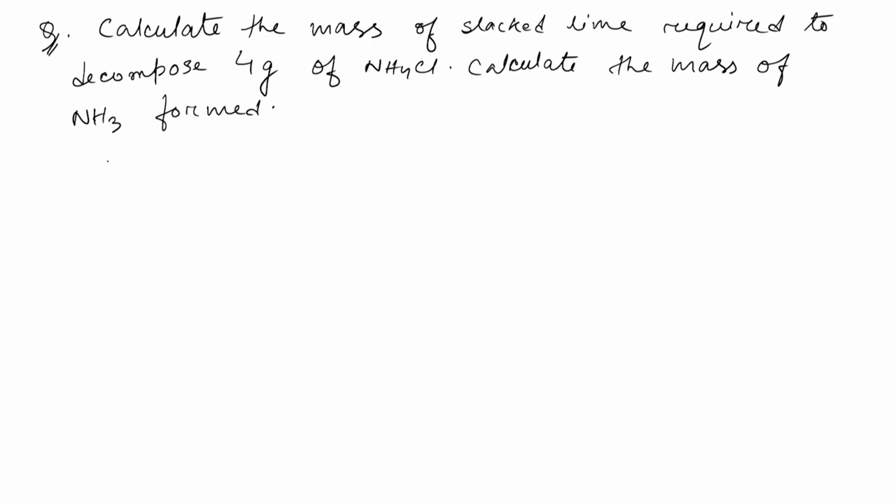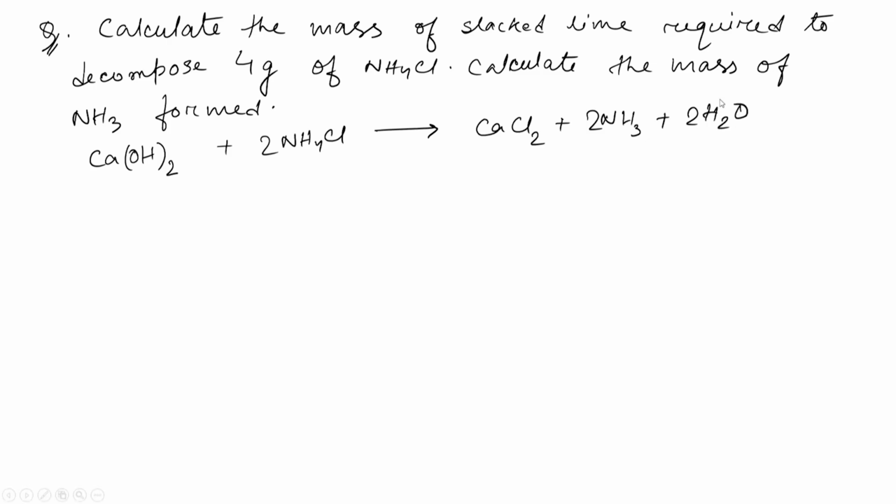Okay, and the reaction is given as follows. So, calculate the mass of slaked lime. Slaked lime is calcium hydroxide, required to decompose 4 grams of ammonium chloride. Calculate the mass of ammonia that is formed.